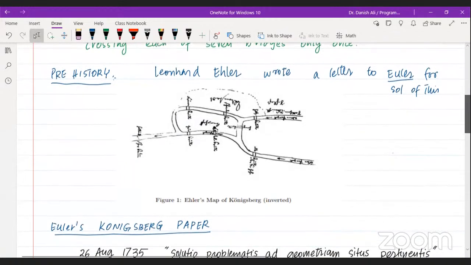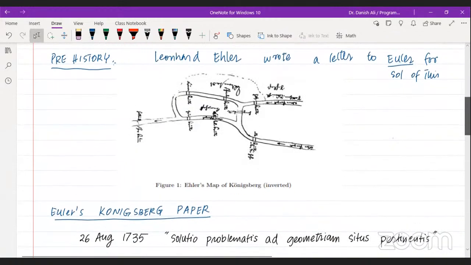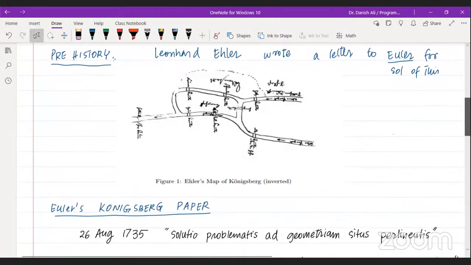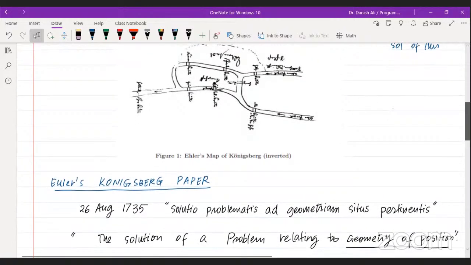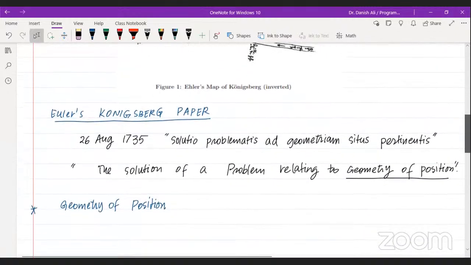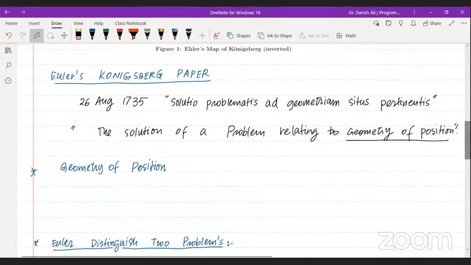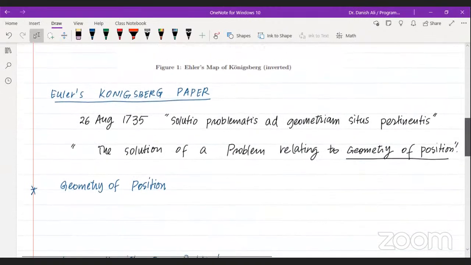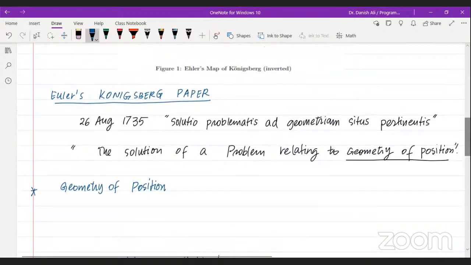Okay, so on 26th August 1735, he wrote a paper whose title is Solutio Problematis ad Geometriam Situs Pertinentis, meaning the solution of a problem relating to geometry of position. Here he talked about geometry of position, a terminology that was only named before by another mathematician, Leibniz.